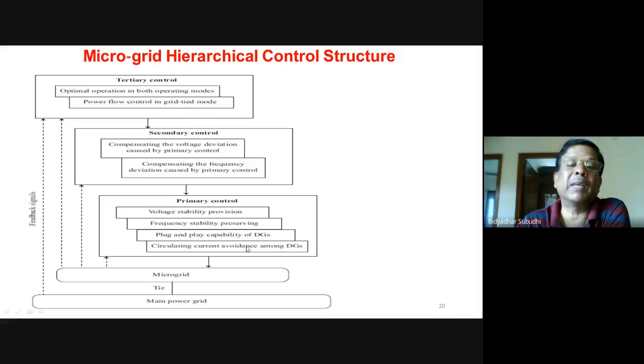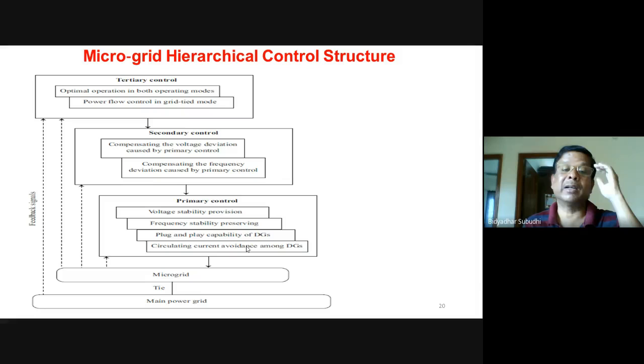Plug and play capability means when you connect several DG sources and loads to a microgrid, and then what happens? Suppose some of the DG source goes wrong. Then in that event, how to synchronize again to go back to normalcy?